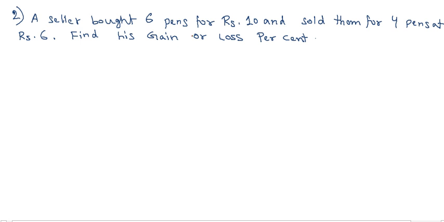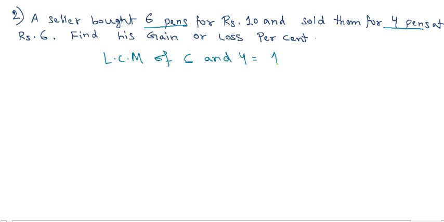But in an aptitude test, you don't have that much time. So let's see an important method. Here it is given that the seller has bought 6 pens and sold 4 pens. Now what we will do is find out the LCM of 6 and 4, that is the number of articles bought and sold.